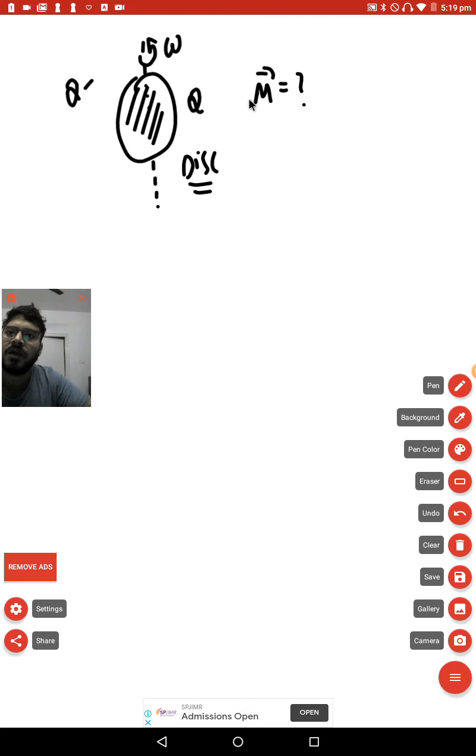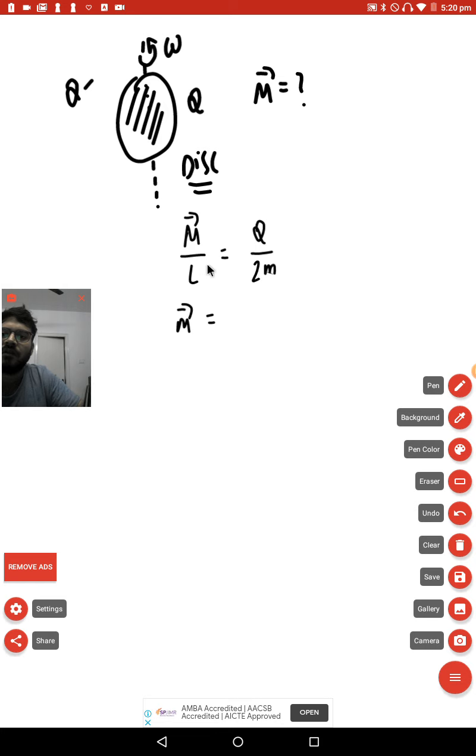Then how do we find the magnetic moment of this disk? We can directly say that the magnitude of magnetic moment by angular momentum will be equal to the charge present on this disk divided by twice its mass. Then what is going to be the m vector? M is q L divided by twice m. Now what is angular momentum here?